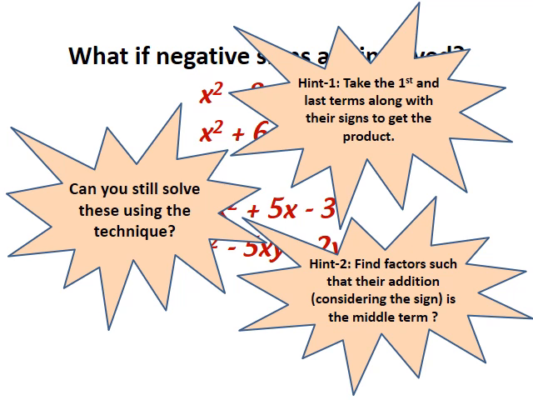The second hint would be find the factors of this product such that their addition is the middle term. And here by addition I mean you have to use it along with the sign. So if you add minus 2 and 1, what would be the answer which you get? You would get minus 1, right? So that way.